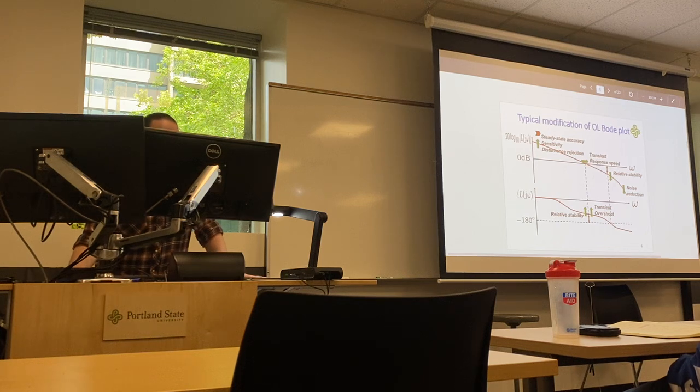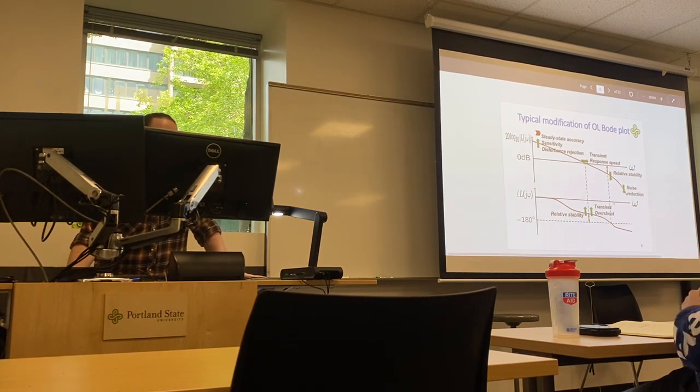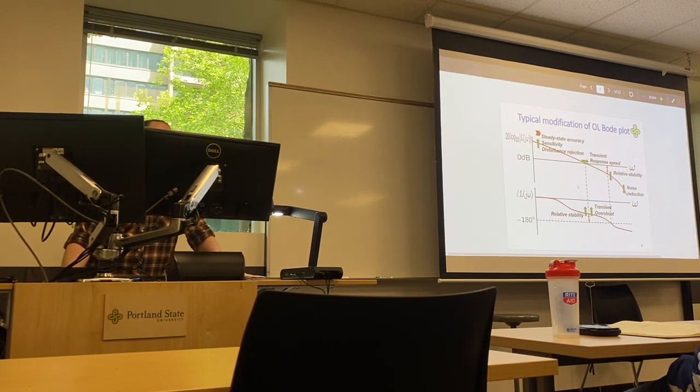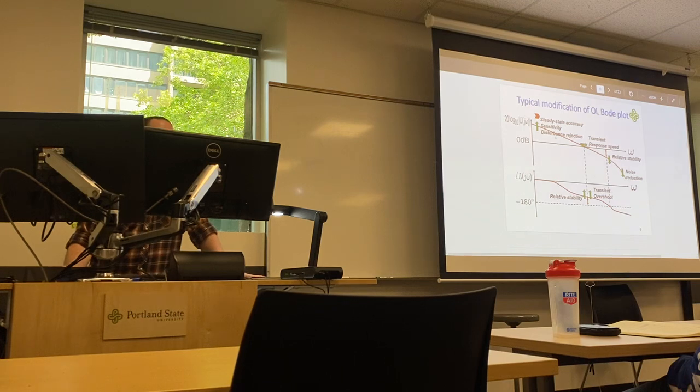We also have the relative stability, which we're familiar with from the phase margin, and we can also consider our transient overshoot. So this plot right here, I'd say be kind of familiar with.